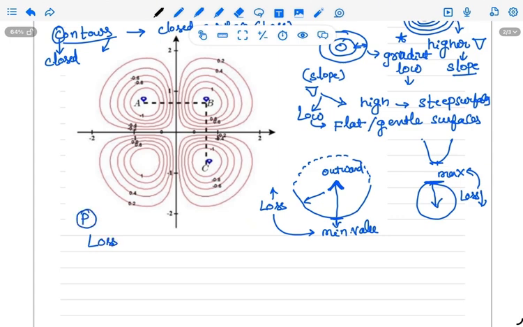There is a point P. If we move inside or outside, any way, if the loss value is increasing, it is a minima. If the loss value is decreasing, it is a maxima.